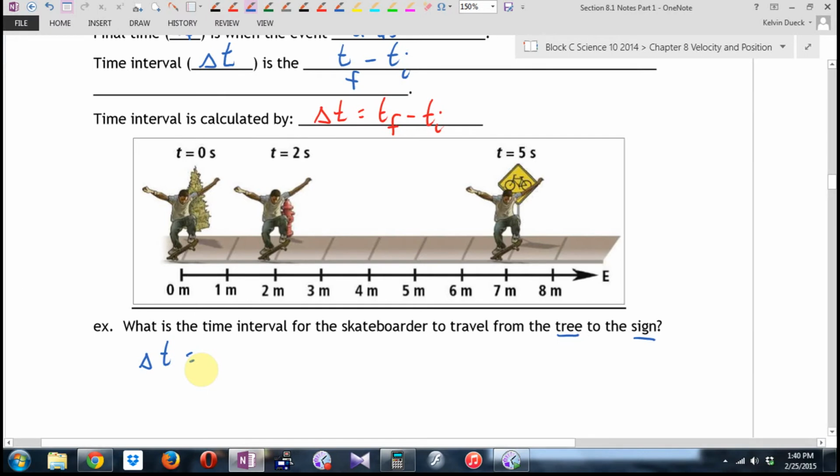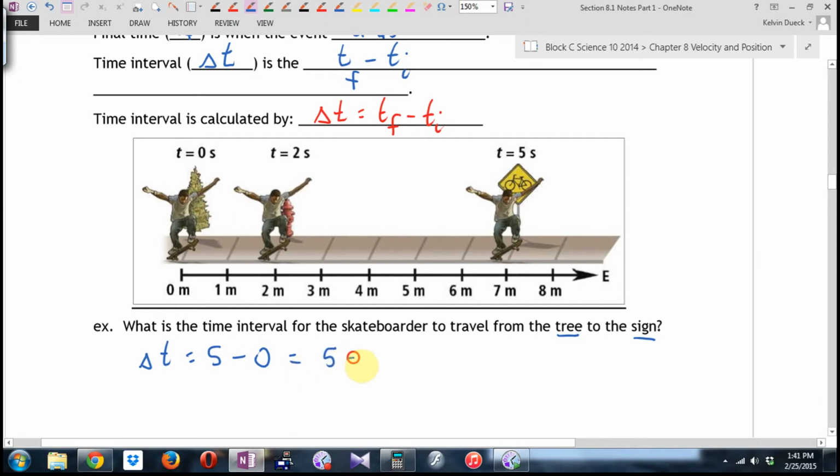What's the final time when he gets to the sign? Up here, 5, minus. What's the initial time that he starts out at? In your head without a calculator. I'm serious. 5 take away 0.